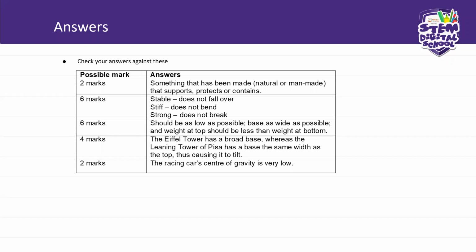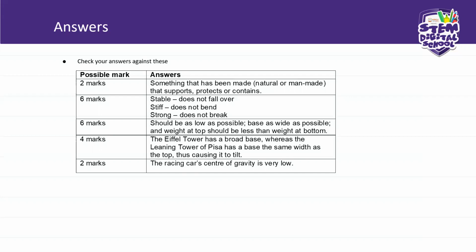Have you ever noticed how they look like a dress, right? So the base is broader, right? The base looks almost like a skirt. So that's the shape that makes them to be stable. It gives stability. And the weight at the top should be less than the weight at the bottom. Now that is the center of gravity that I was referring to.